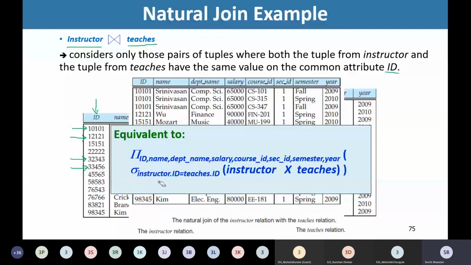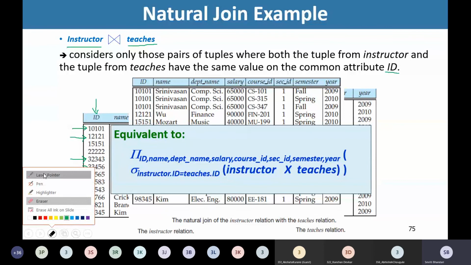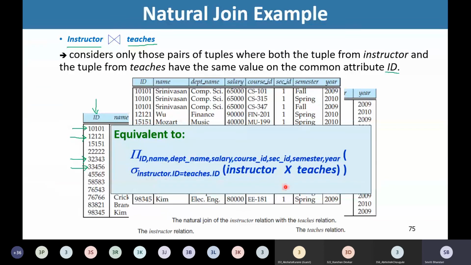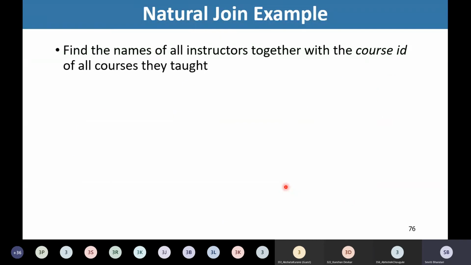So simple it is. Please try to understand. So instructor natural join teaches is equivalent to this particular expression. Got it? Any doubt? Yes, ma'am. May I proceed?